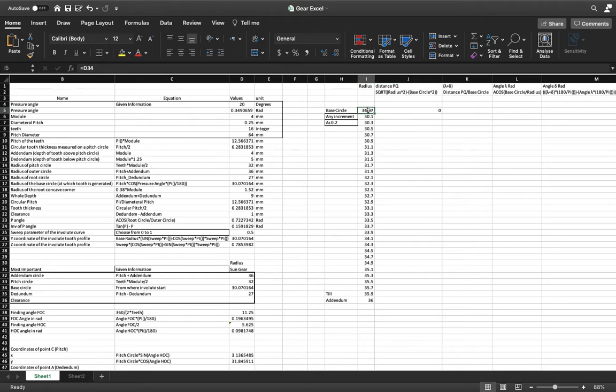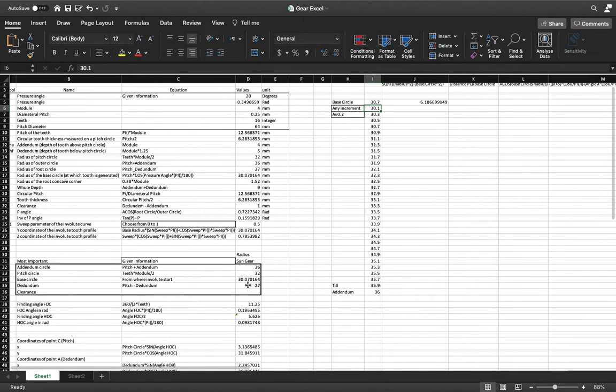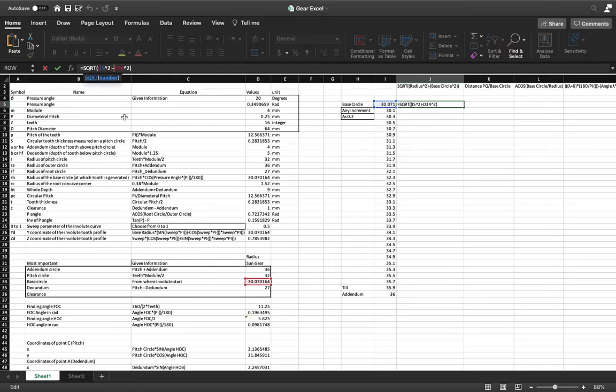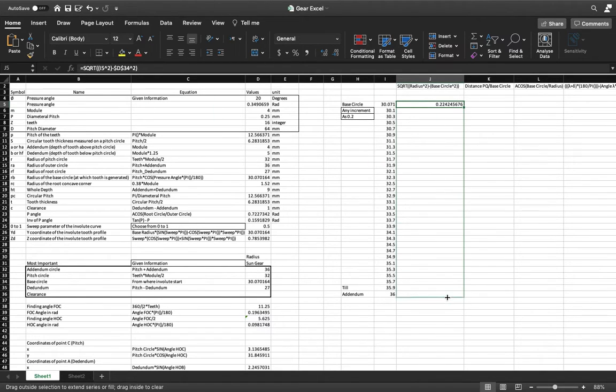This is the exact point, so I'm just going to make it not so exact, because it's 30.07, sorry, point something, so make it accurate. I hope you understood that. The base does not change, but the radius is constantly changing. We're going to scroll it down to all the points.